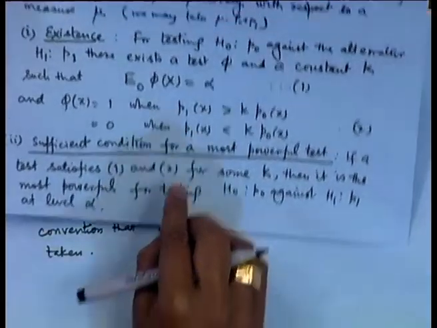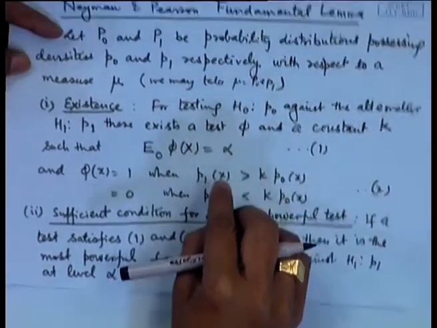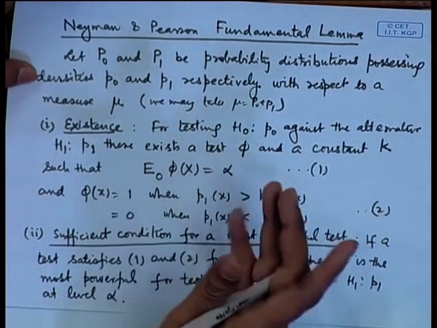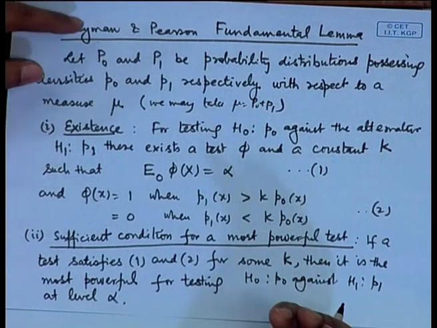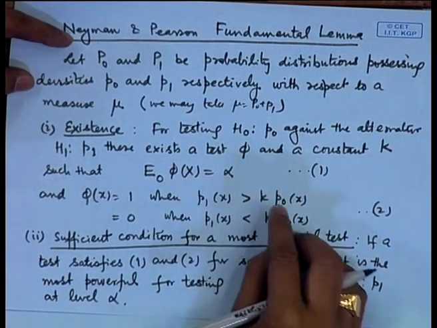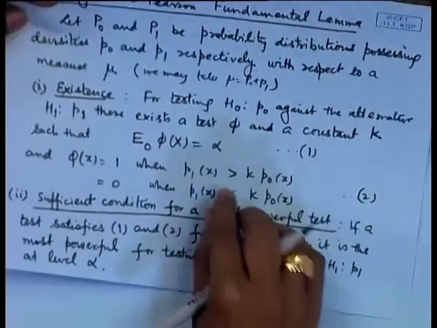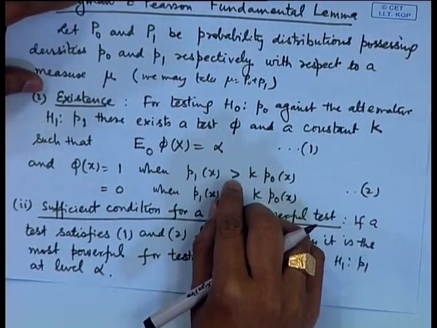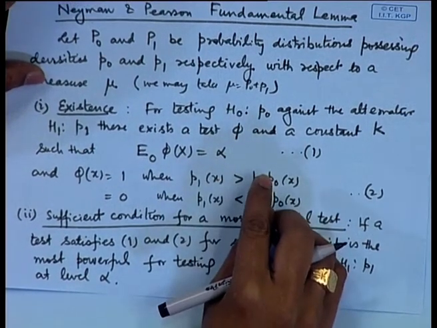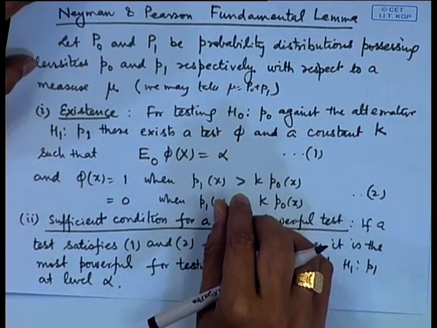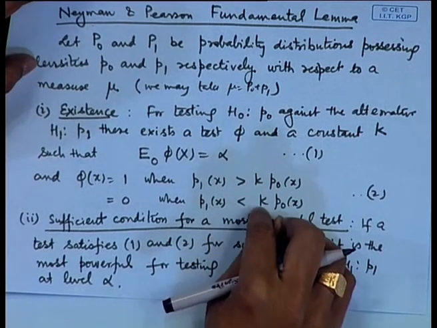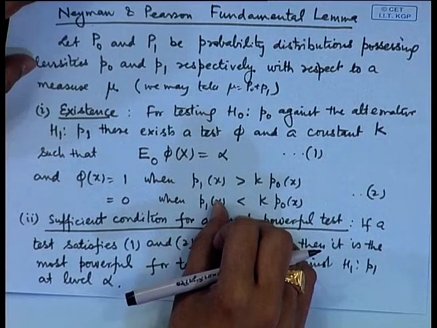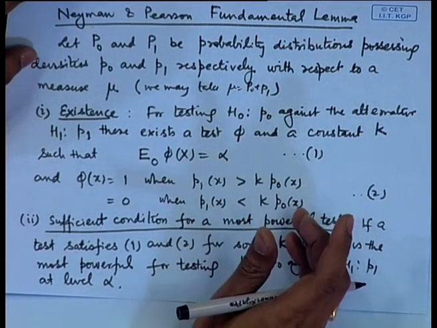So, the probability of type 1 error will become 0. So, this condition is also satisfied and the whole thing is true, because in this case the probability of type 2 error, that is the probability of accepting H naught, will become 1 because you are always accepting. So, the power is 1. So, naturally it is the most powerful test.